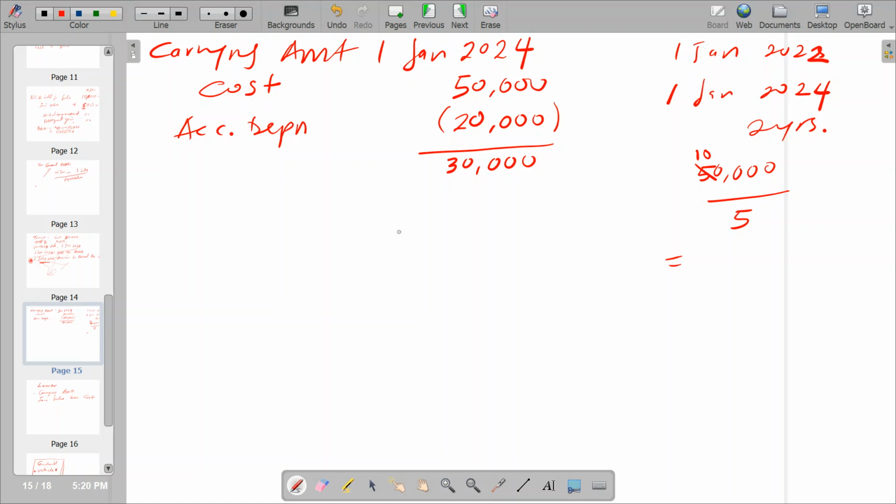Okay, now we are at 1st July 2024. And we have not sold the asset, and we have decided to reclassify the asset.